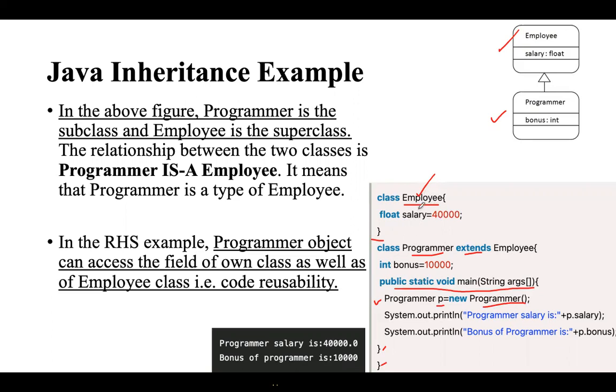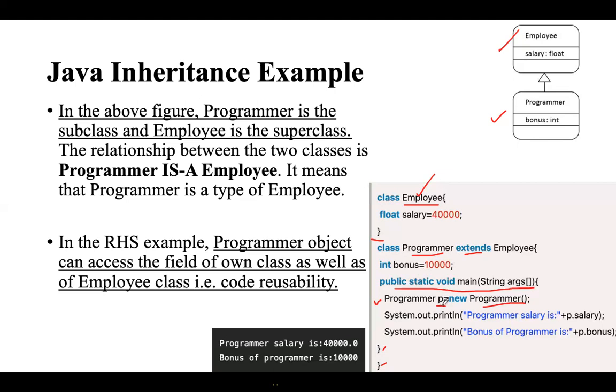So it also means we can access all the information which is available in this Employee class through this object P. This is important, so I am just repeating it again. Through this object P, which is an object of this Programmer class, I can access all the information available in this Programmer class.